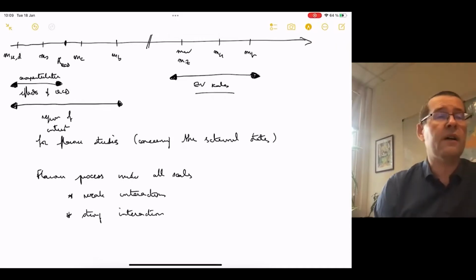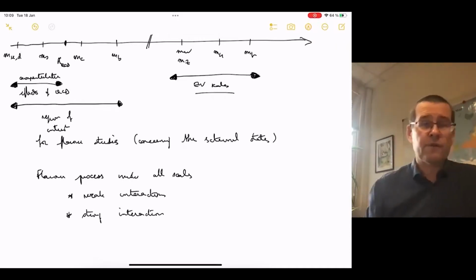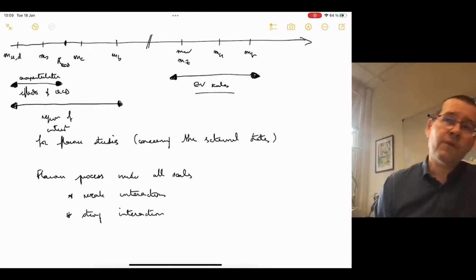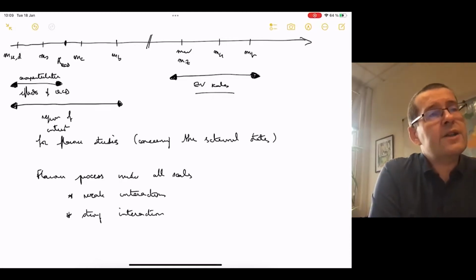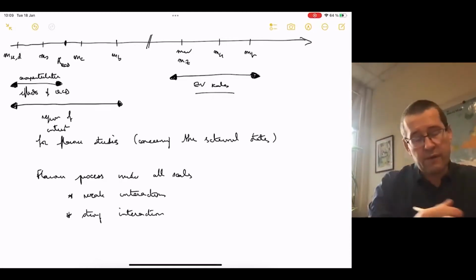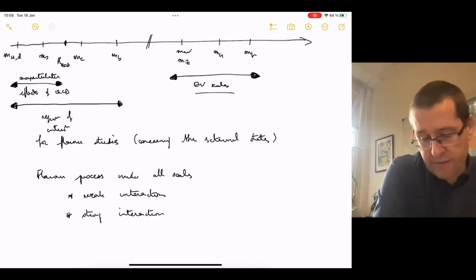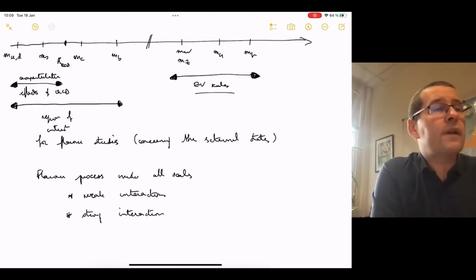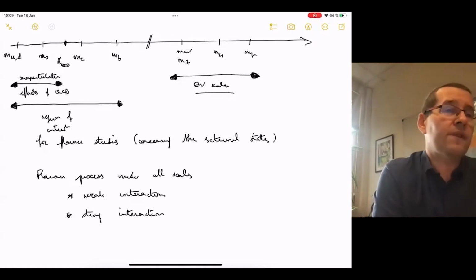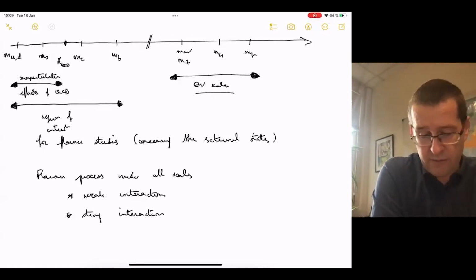I mean, you do have a part of the strong interaction that corresponds to exchanges of energetic gluons between the various components of your mesons, of your hadrons. But you also have a part that you cannot analyze in those terms, and that remains purely non-perturbative.